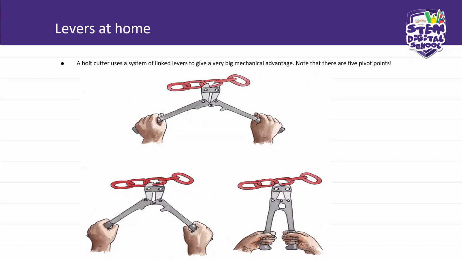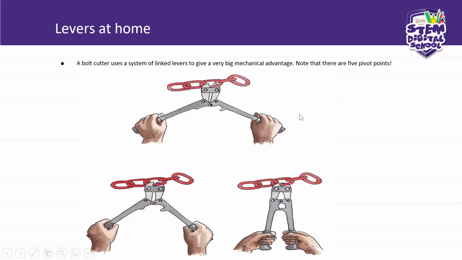Sometimes you find a combination of those, okay? Like in this bolt cutter, for you to apply your input force, you have to apply it on both ends, on both arms. You see? So the input force is on both sides.